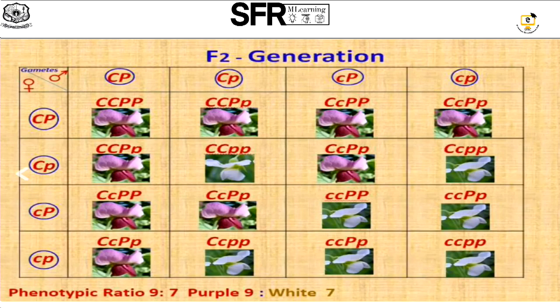The F2 generation produces the 9:7 ratio, that is, 9 purple and 7 white flowers.